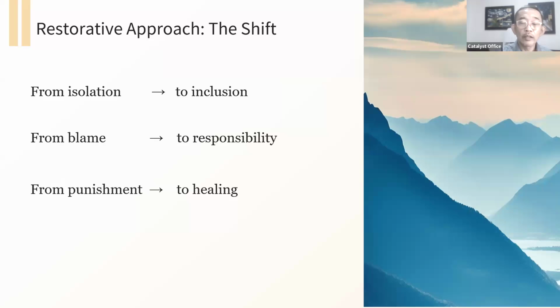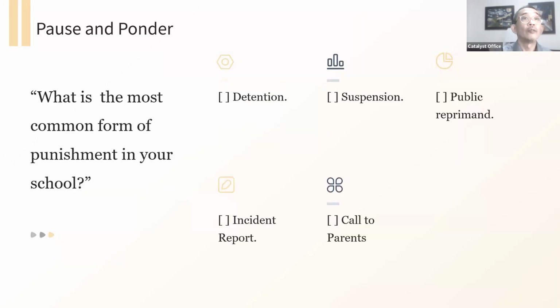No? And let's take a look at the details of it. First, before that, let's ask ourselves, what is the most common form of punishment in your school? Some of us have already taught for quite some time and can relate to the things that we are seeing here on screen. First, could it be detention?